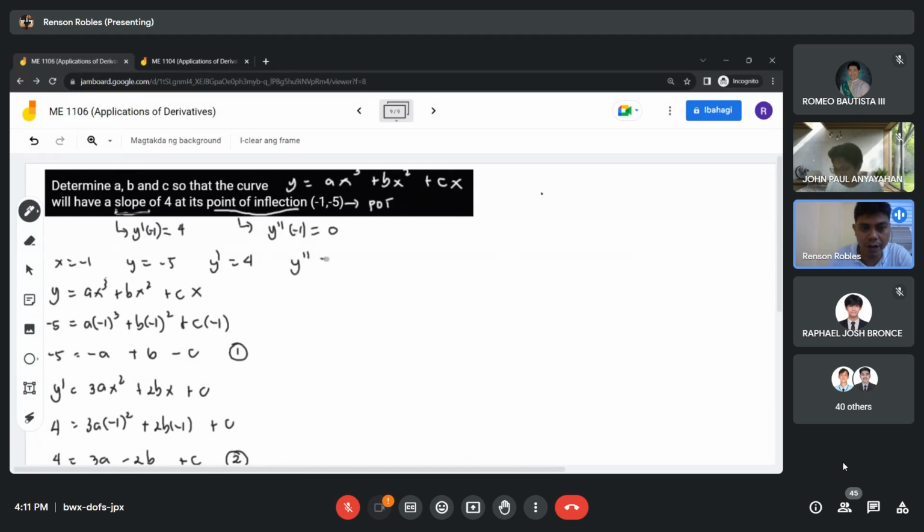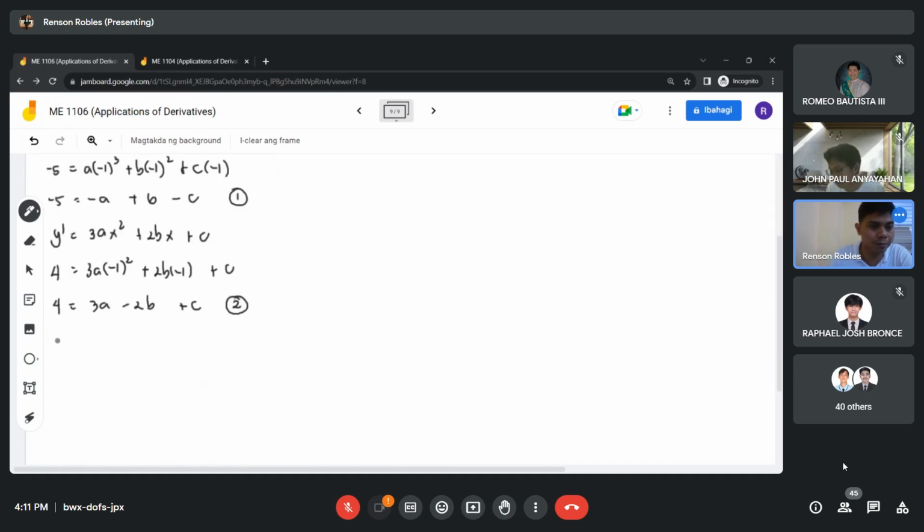So y double prime is equal to 0. Again, to complete: x equals -1, y is -5, y prime is 4, and y double prime is 0. So we need y double prime equals, you differentiate, 6ax plus 2b.